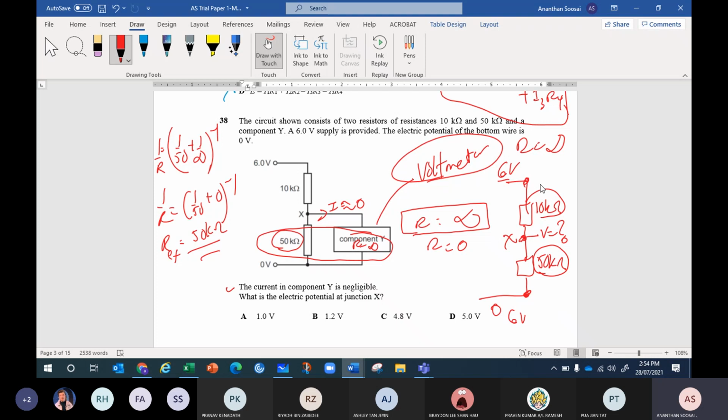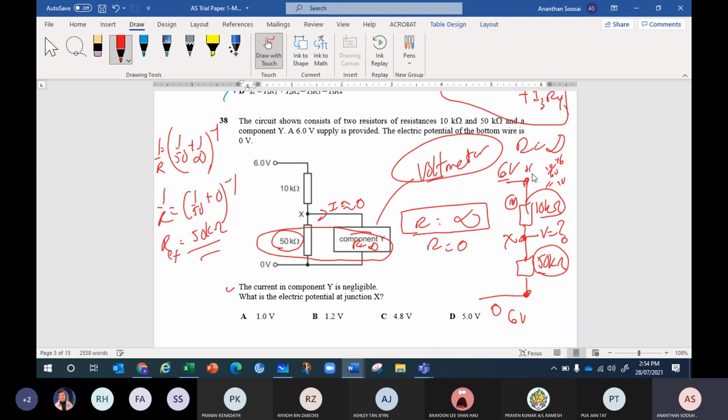What is the voltage used up by the 10 kilo ohm? So ratio, right? 10 divided by 60 times 6. So 1 volt. So the 10 kilo ohm uses up 1 volt.